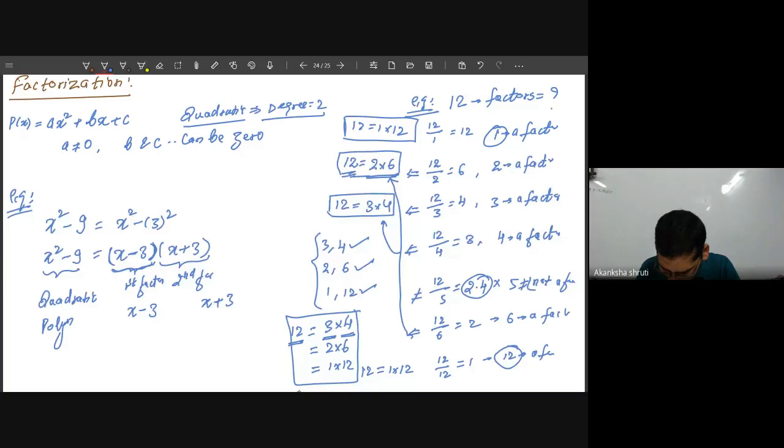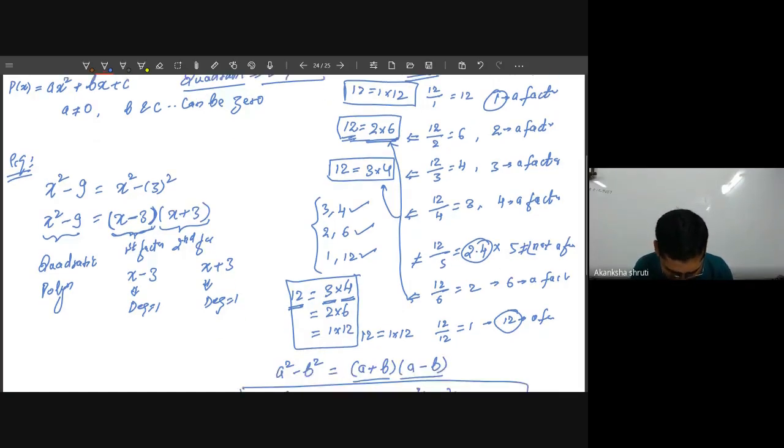If anyone asks the degree of this one, in this case the degree is 1. In this case also the degree is 1, because it is x to the power 1 only. But students, for making this quadratic, I cannot equate; I have to multiply these two together.